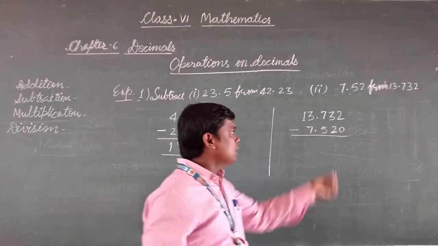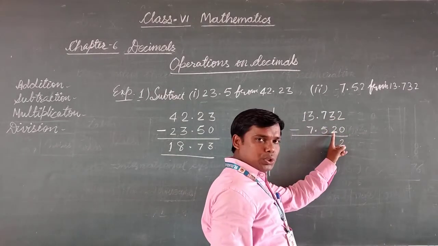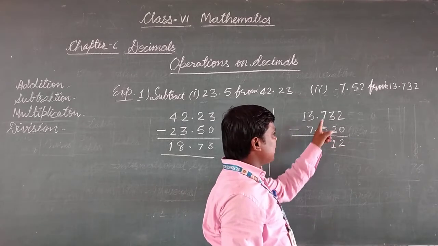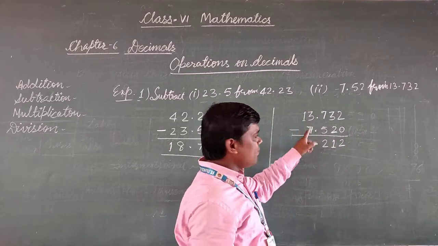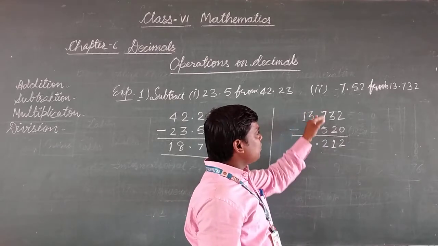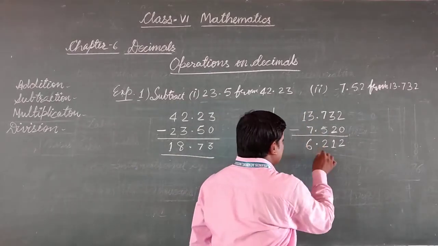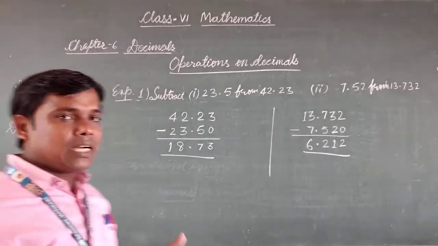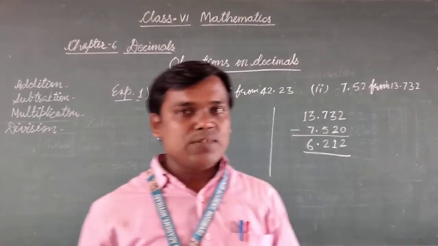Then we will subtract: 2 minus 0, 2; 3 minus 2, 1; 7 minus 5, 2; decimal point; 3 minus 7, we cannot subtract, then we take borrow. So already we have 1 borrow, then 13 minus 7, it is 6. This is our required difference. Similarly, we will subtract the given numbers in exercise 6.2.